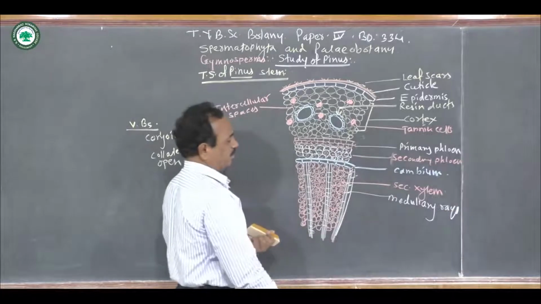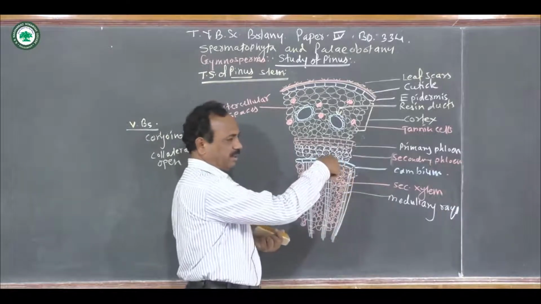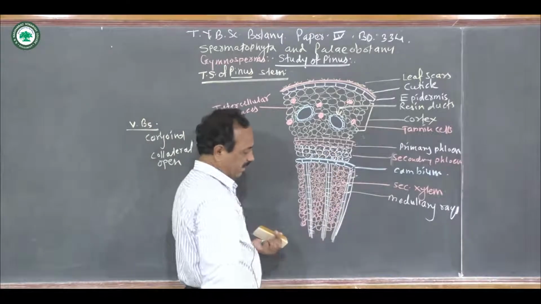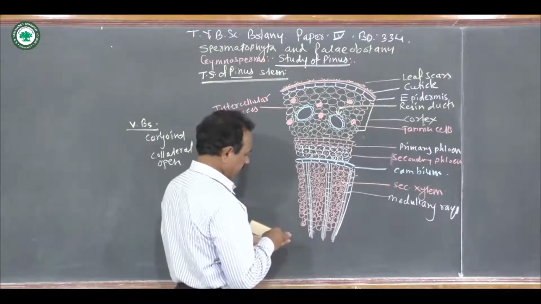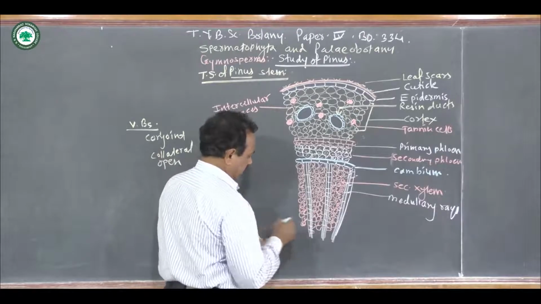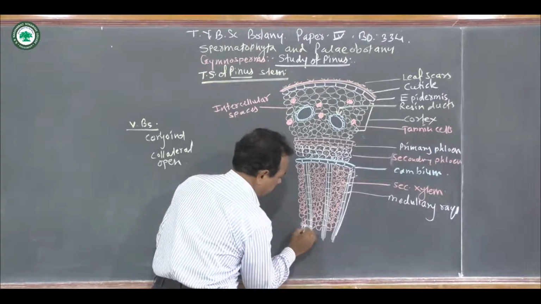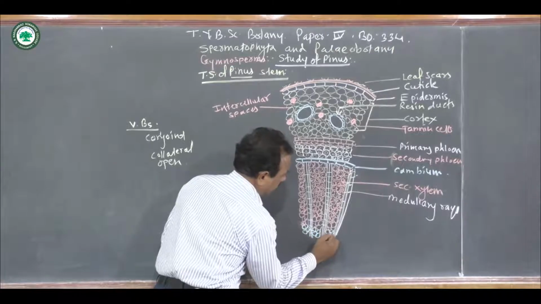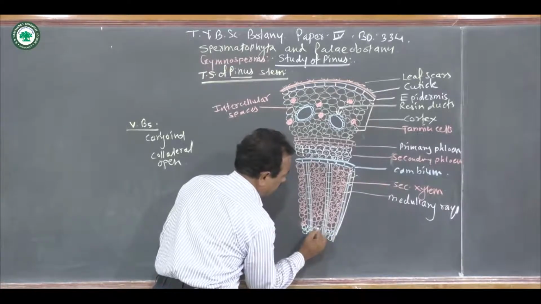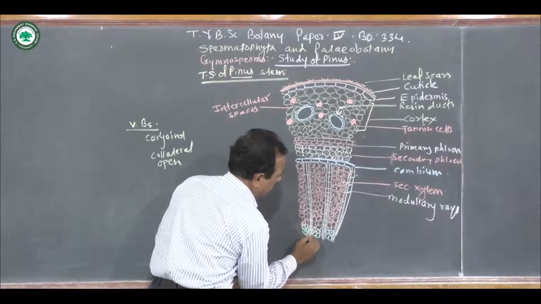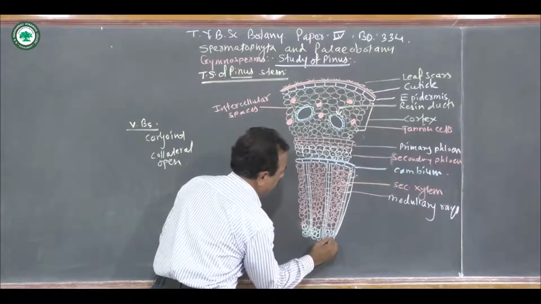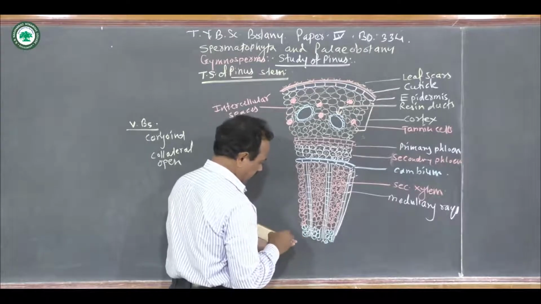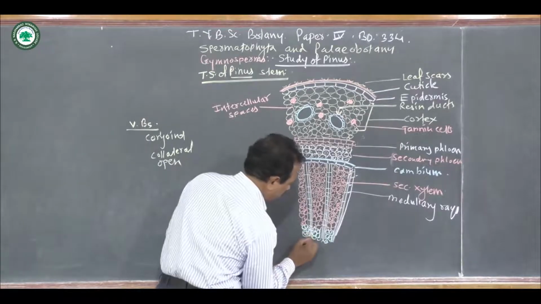Due to the formation of the secondary xylem, the primary xylem gets pushed towards the central region, and it shows the presence of the metaxylem and also the protoxylem.